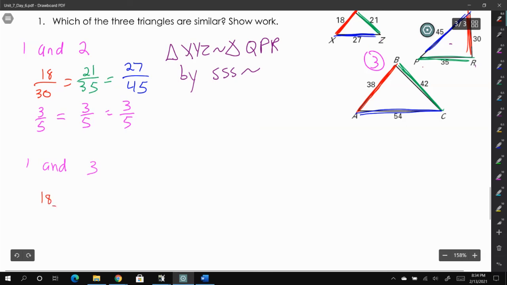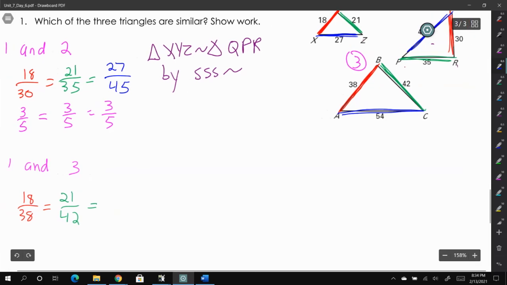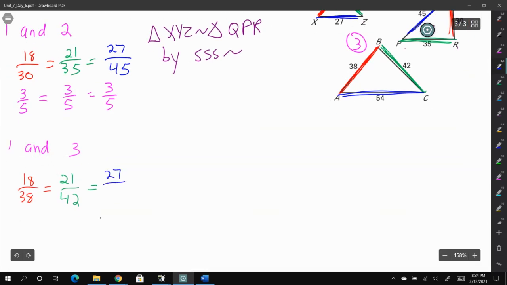So we'll have 18 over 38, and that needs to equal 21 over 42, and that needs to equal 27 over 54.